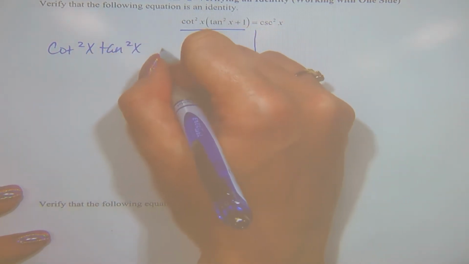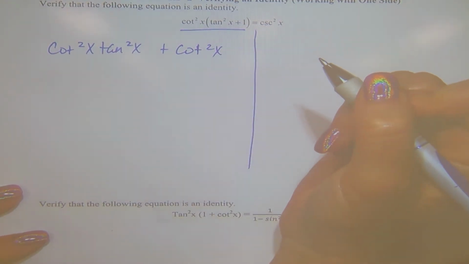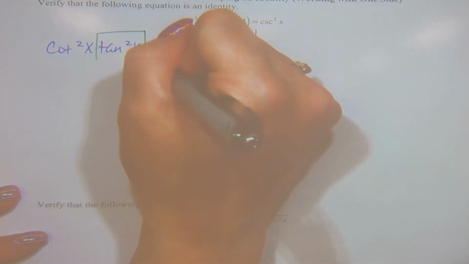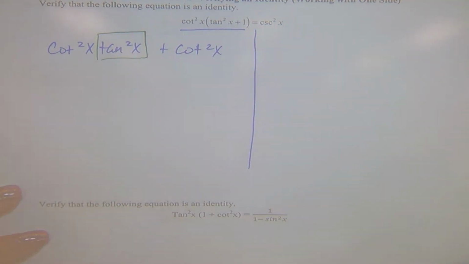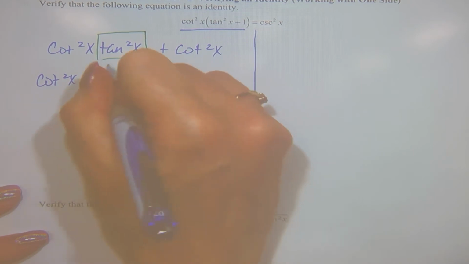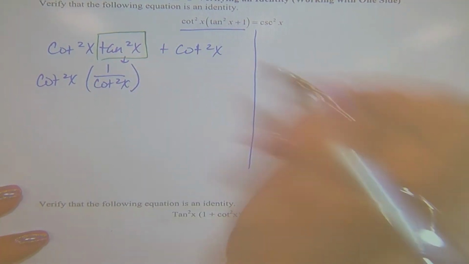I'm going to distribute. And then I'm going to use my quotient or my reciprocal identity here and say cotangent square x times 1 over cotangent square x, because that's another way to write tangent square x.